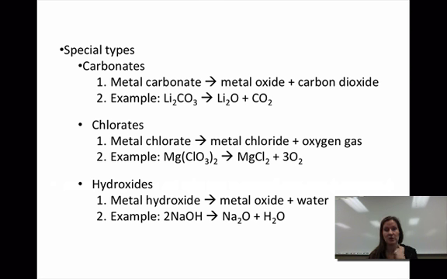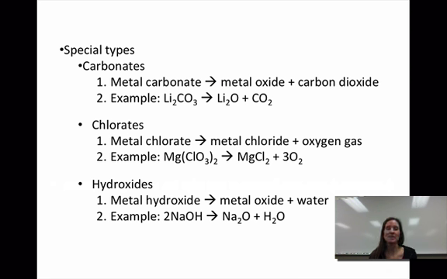So here are your special exceptions. If we're dealing with a metal carbonate, so a metal bonded with carbonate, rather than falling apart into the metal and carbonate, it falls apart into metal oxide and carbon dioxide. If you're dealing with a metal chlorate, so that's a metal bonded with the polyatomic chlorate, it will decompose into a metal chloride and oxygen gas.